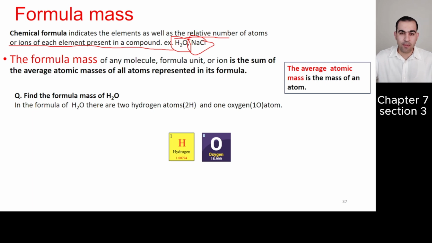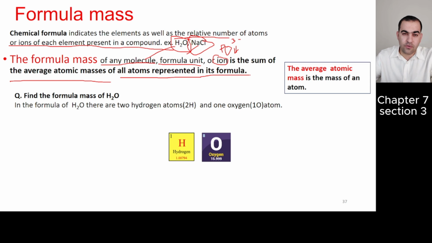Formula mass, we can say, is the mass of a formula. So the formula mass of any molecule, formula unit, for example NaCl, a molecule like H2O, or an ion like PO4 3 negative, is equal to the sum of the average atomic masses of all atoms represented in its formula.